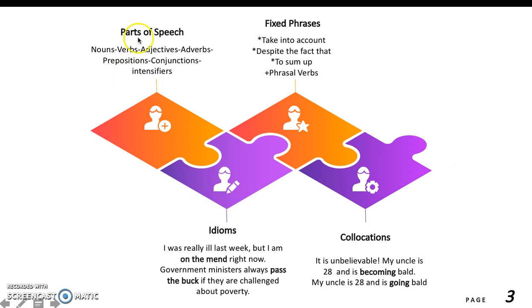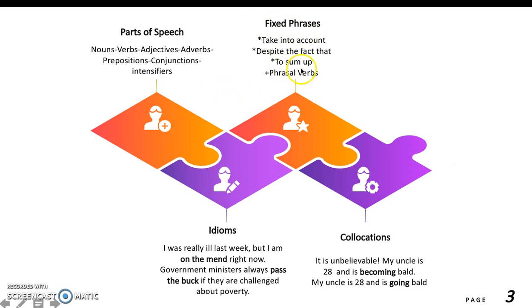In intensifiers, we find words that we use before adjectives in order to intensify the meaning of the adjective. For example, when we say that building is too high, or my uncle is very intelligent, that word too or that word very, they are intensifiers.